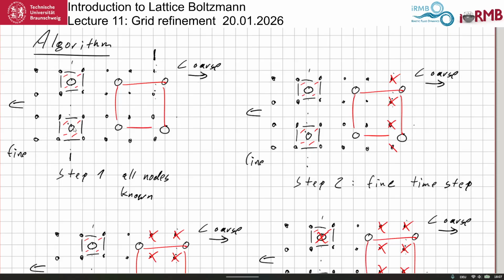And this here would be the origin plus 1, because on the coarse grid, we also have the outer layer clear. Okay.